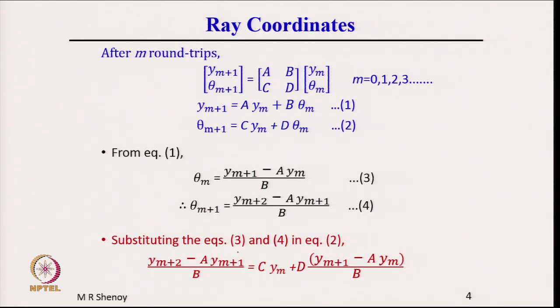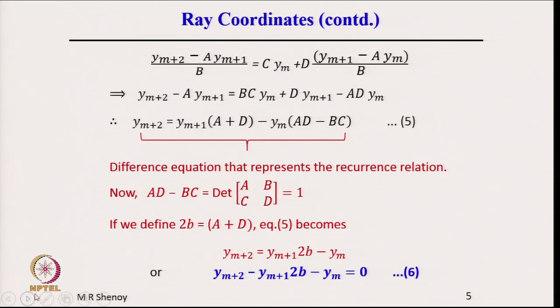So, this is theta_(m+1) equal to C y_m plus D theta_m. Let us simplify that further. That gives y_(m+2). If you simplify this, it comes out to be y_(m+2) minus A y_(m+1) equal to what is written here, and therefore y_(m+2) is equal to y_(m+1) into (A plus D), taking these two terms together, minus y_m into (AD minus BC).